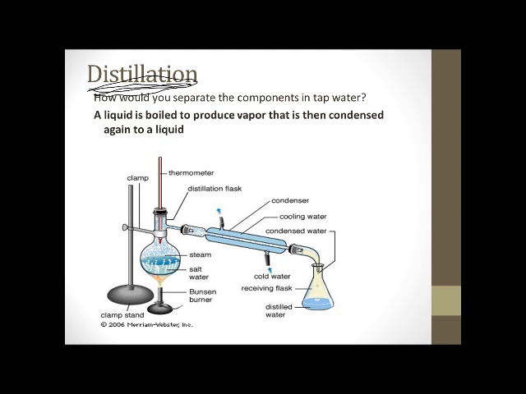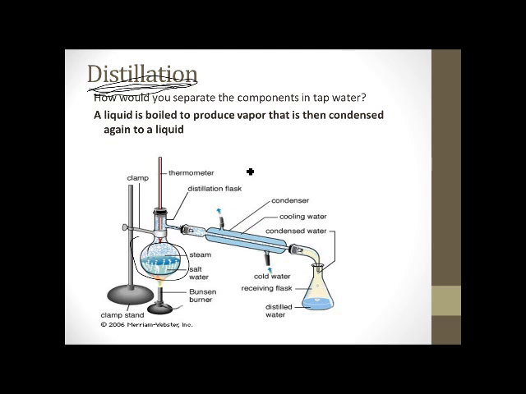So here what happens is we take this whole liquid and we're boiling it. When we're heating it up, part of it starts to boil, and it's going to form a vapor, and the vapor is going to go through this little tube, and here there's a condenser that's going to make it go from a gas back to a liquid.